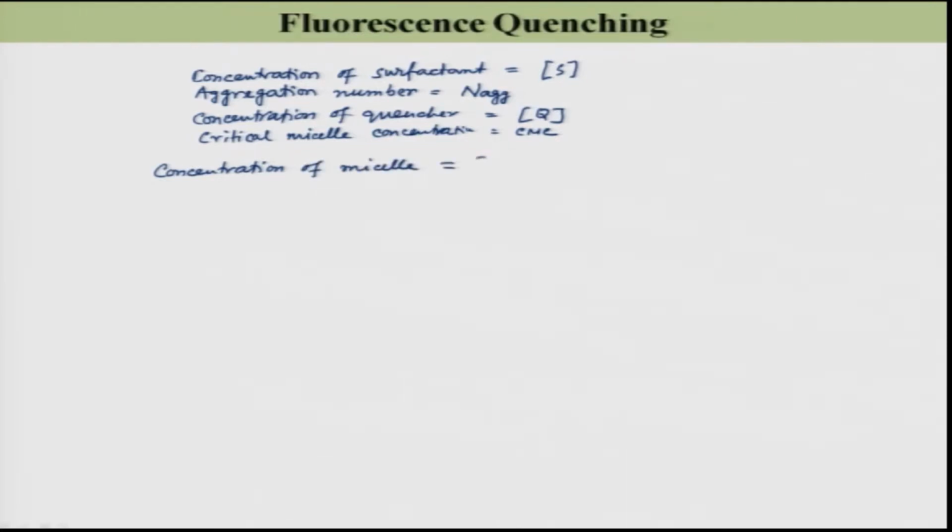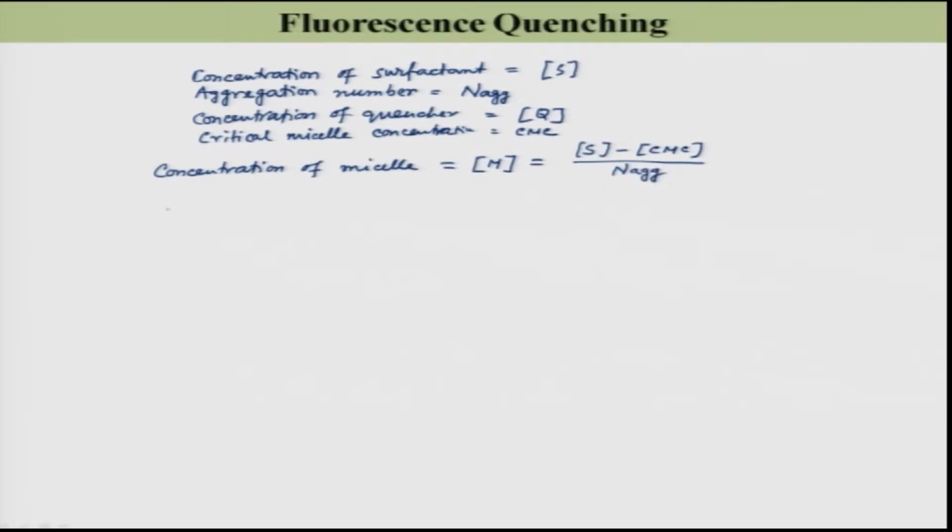This will be equal to, let us represent this as m, the concentration of surfactant minus the CMC value, because only after CMC the surfactant will form the micelle, divided by the aggregation number, that means N AGG, right.